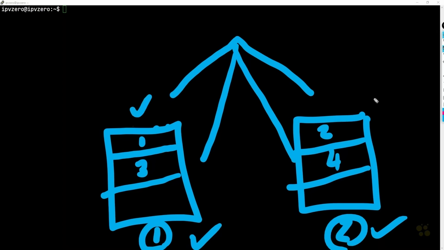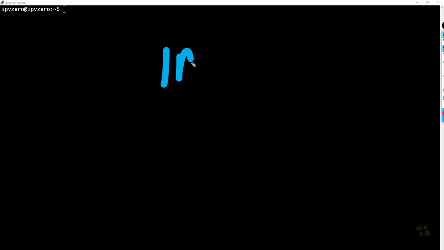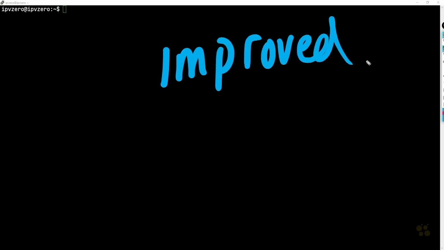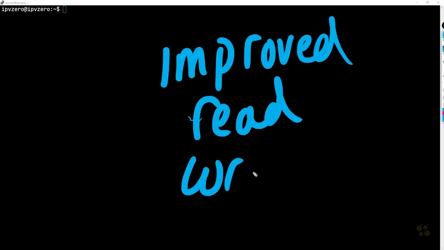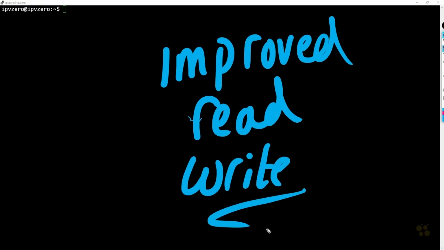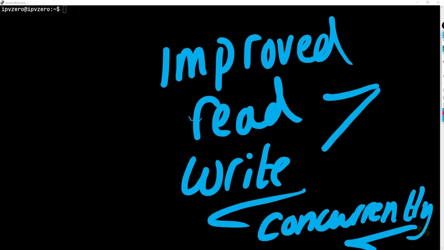You're putting a little bit here and a little bit here, and then a little bit here and a little bit here. The effect of this is that it improves performance, like I say. It improves the ability to read the data, as well as performance with respect to writing data. The reason for this is because the data can be read and written to concurrently, okay? So we can do things in parallel as opposed to sequentially.